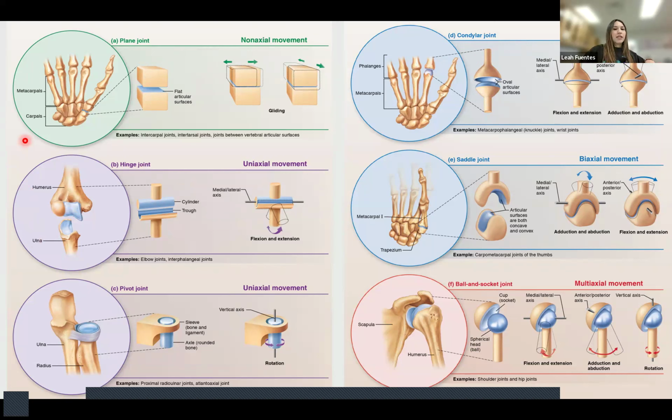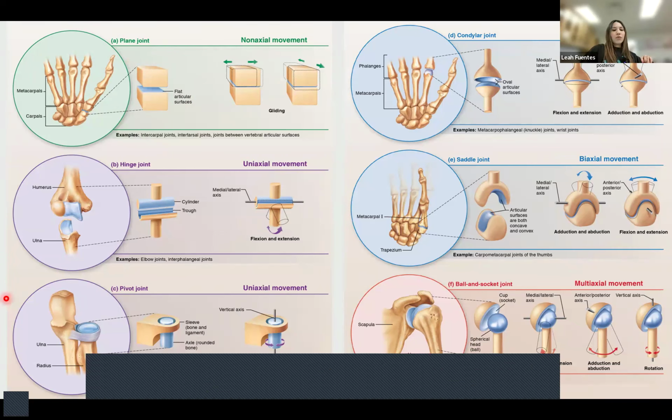But specifically for the lab, you are going to want to know the types of joints that fall under each of these categories. So for the plane joint, we have intercarpal joints, or the joint between the vertebral articular surfaces. So plane joints have flat articular surfaces. Hinge joints, these are elbow joints or the interphalangeal joints.